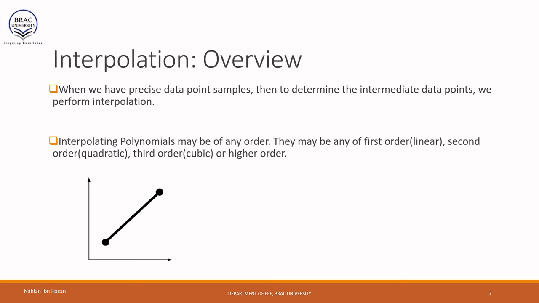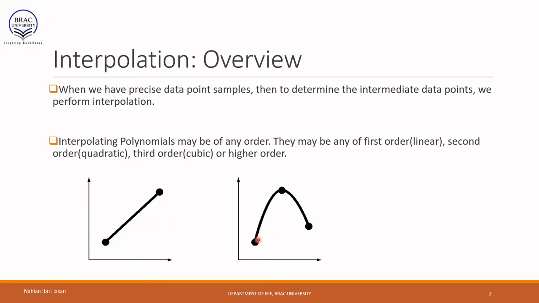Look at this. In the first figure we are fitting a simple straight line through two data points. This is a first order interpolation. Similarly, we can fit a second order or quadratic line through three data points. For linear purposes we need two data points to fit a straight line.